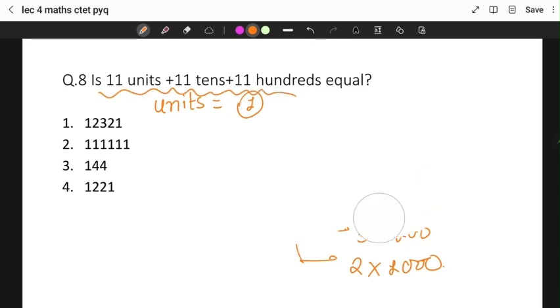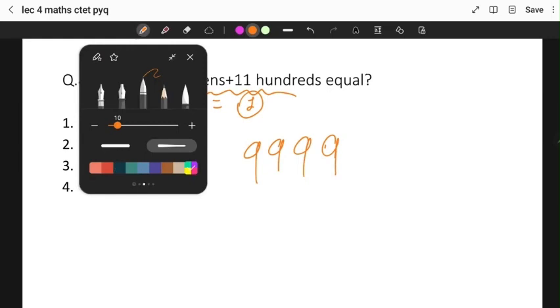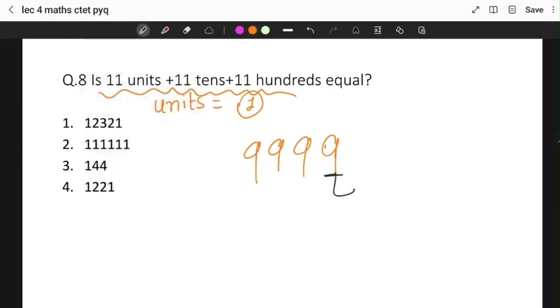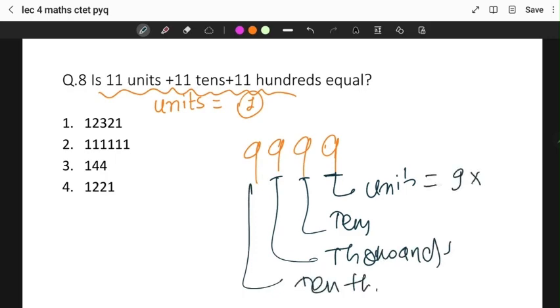I'll tell you one more example over here. For example, you have this number, 4 times 9. Here in this number, this is the units place, this is the tens place, this is the thousands place, this is the 10,000s place. Okay, so units place is considered to be 9 into 1.